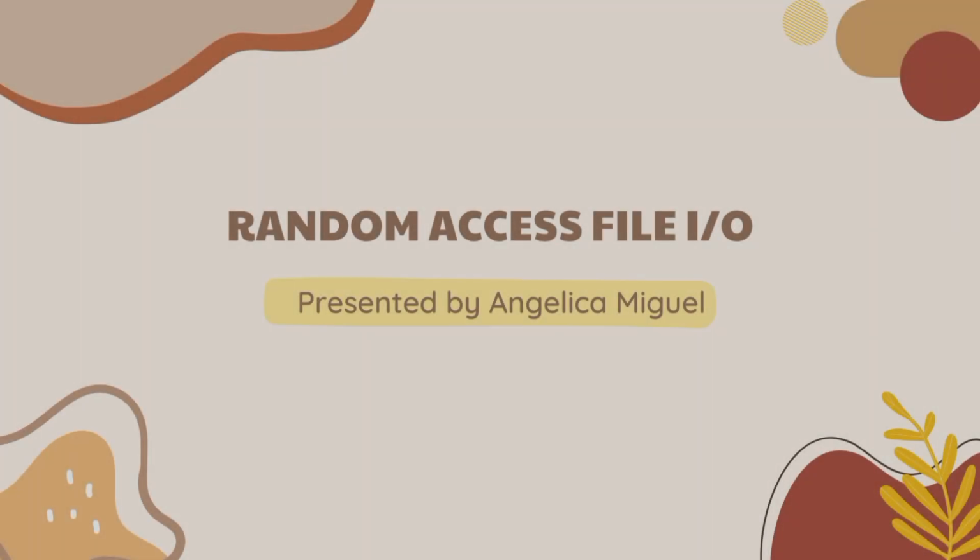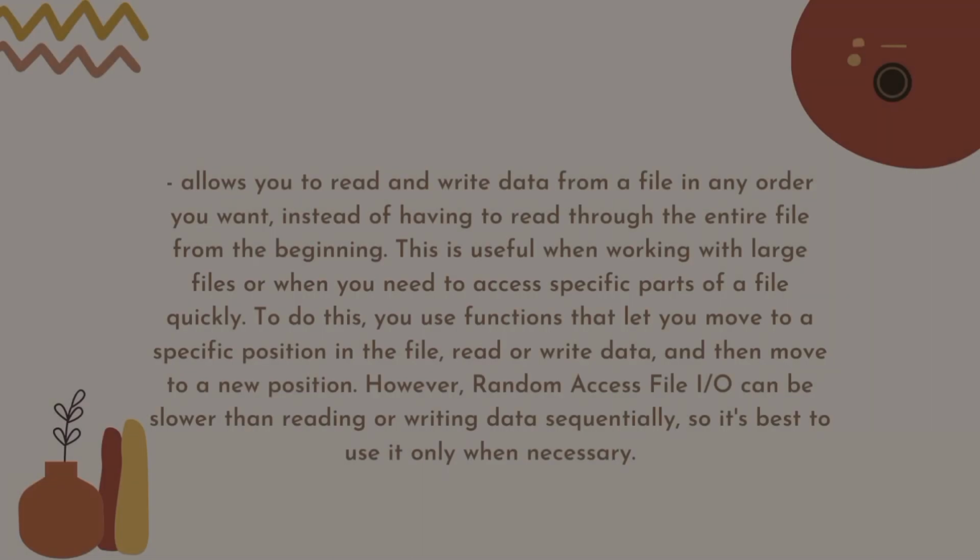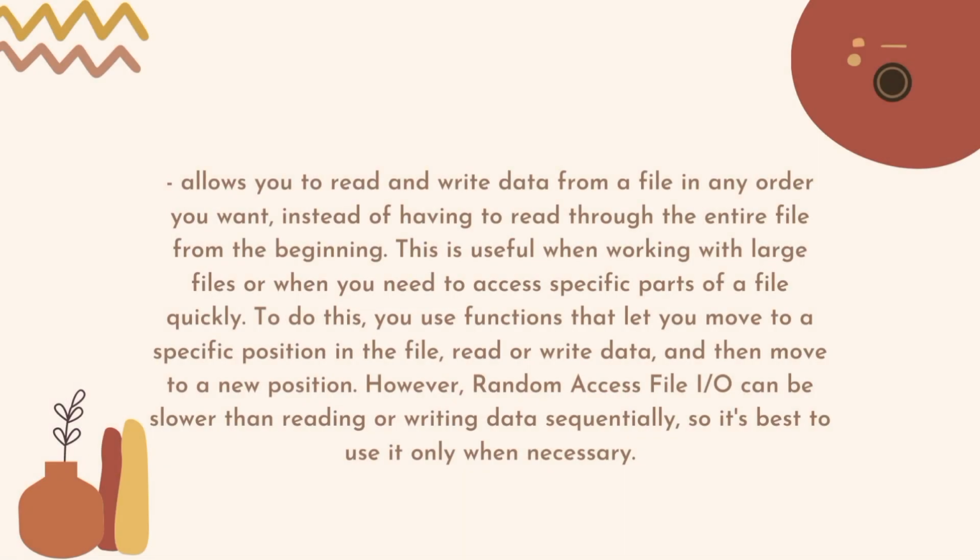Next, random access file input and output allows you to read and write data from a file in any order you want, instead of having to read through the entire file from the beginning. This is useful when working with large files or when you need to access specific parts of a file quickly.